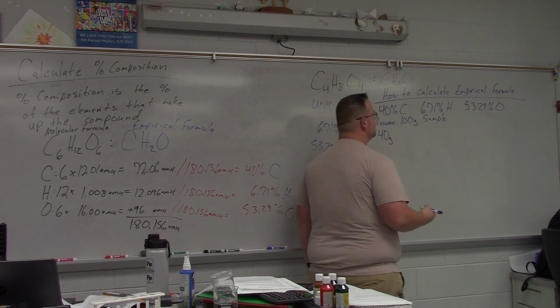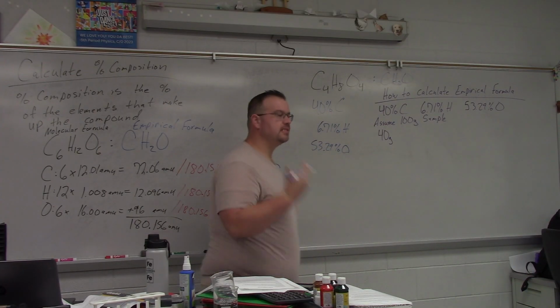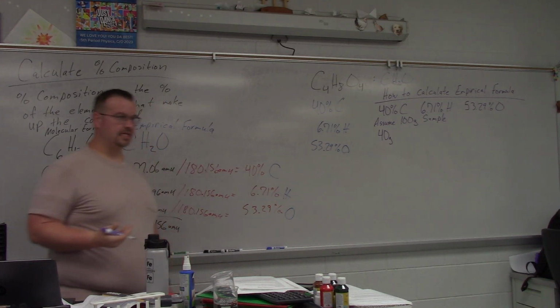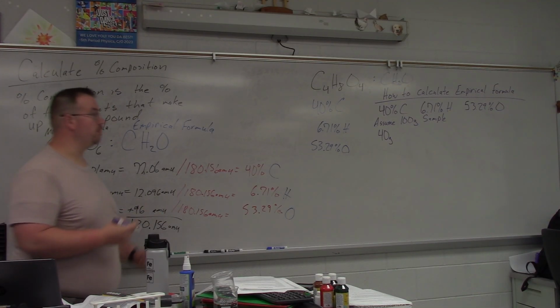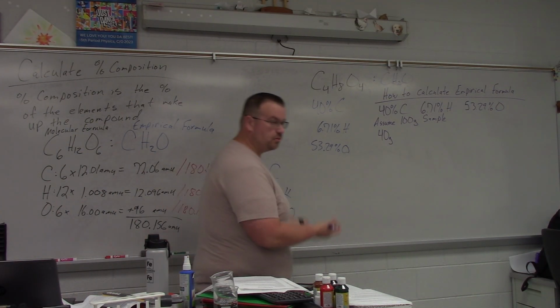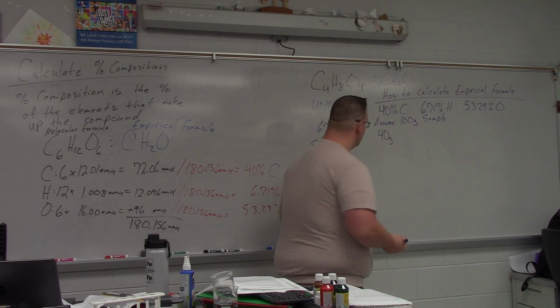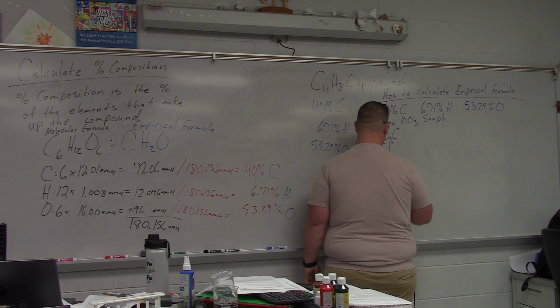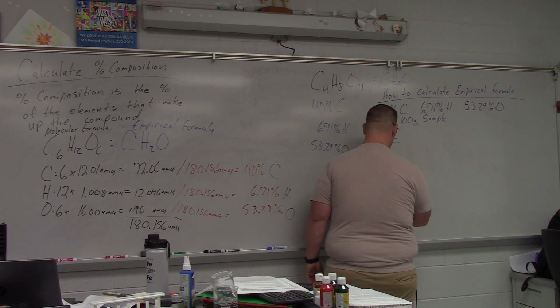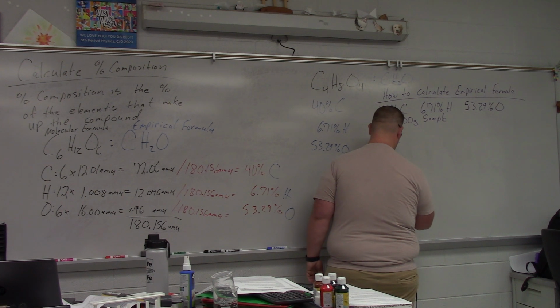And you're going to see why I said this is using a skill you've already developed and gained. You now have to calculate the moles. So we want the moles of carbon, the moles of hydrogen, the moles of oxygen. So it's 40 grams of carbon over 1, 6.71 grams of hydrogen over 1, and 53.29 grams of oxygen over 1.